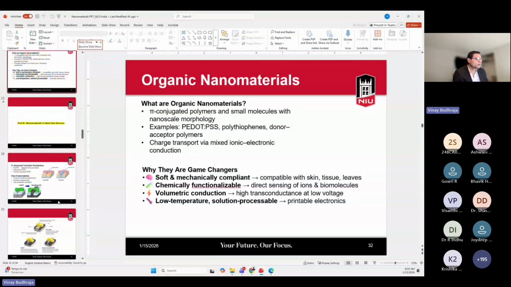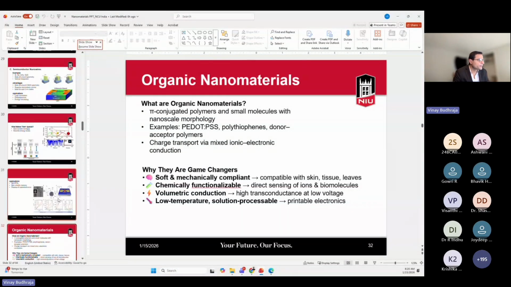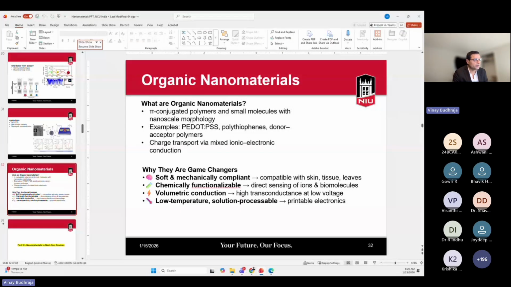Some of these organic nanomaterial based devices we will cover in part three. This is my core research area, so I am including some of my research results as well on the working of organic nanomaterial based devices.